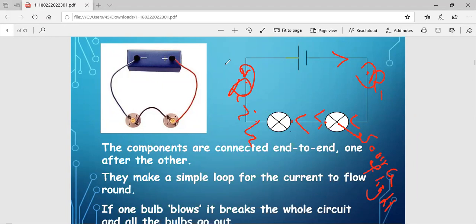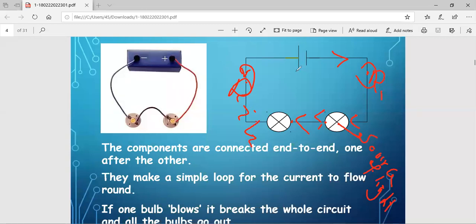This is the function that we are going to discuss later, but just keep in mind that we are using series connection in an electric circuit when we have a small number of devices.